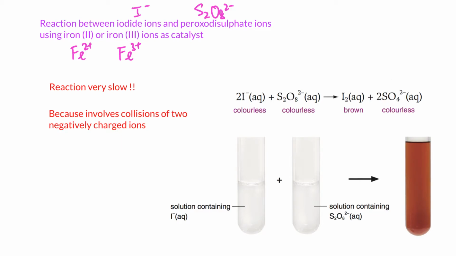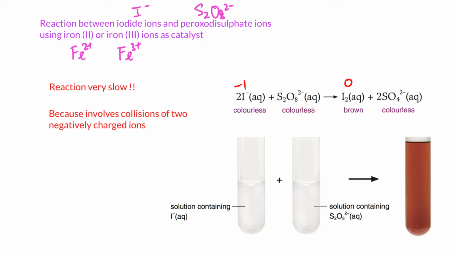We expect that the colorless iodide ion combines with the colorless peroxydisulfate, and then they form iodine and colorless sulfate. Iodine is actually brown in color, so when they mix together, it will look like this. I just want to draw your attention: this is a redox reaction because you can see the change from 0 to negative.